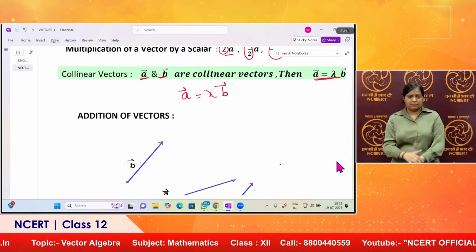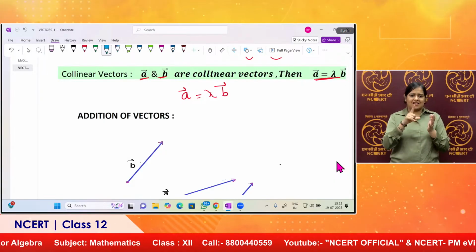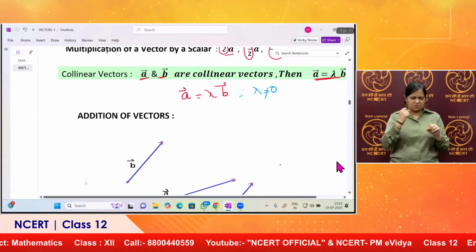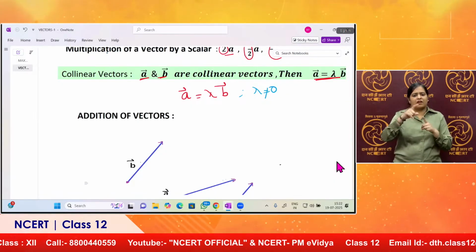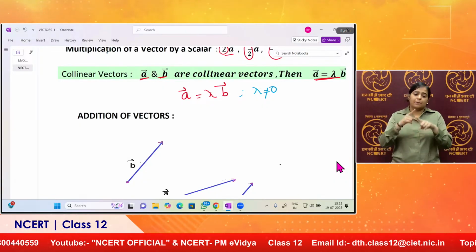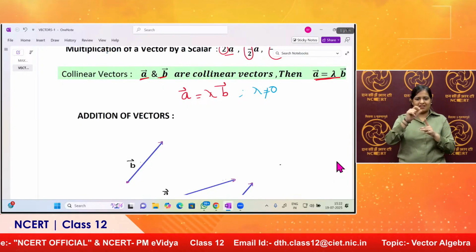Make sure that the scalar is not equal to 0. So if we are able to express a vector in terms of the other vector as a scalar multiple, then those two vectors can be said to be collinear vectors.